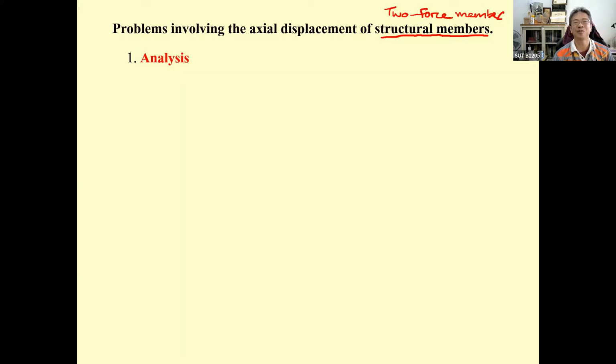And then we invoke our calculation in this chapter for the axial displacement or axial deformation, and also the axial stress. That is two things. And we said there are two big types of problems as before. One is analysis, another one is design.